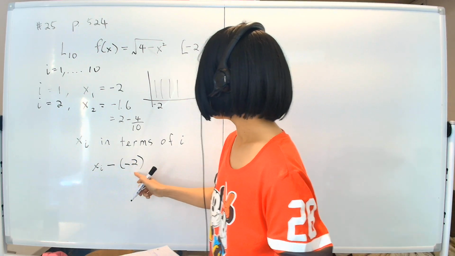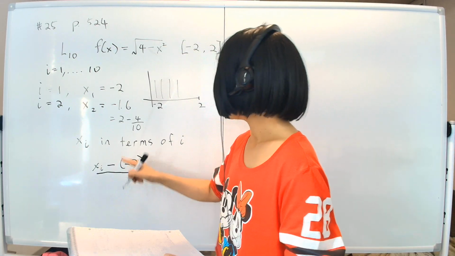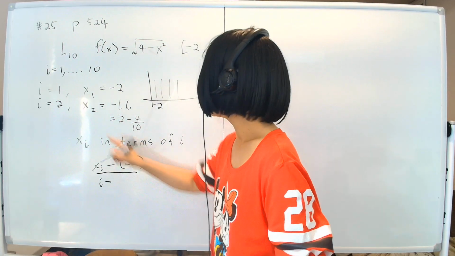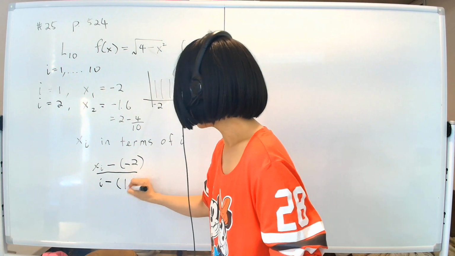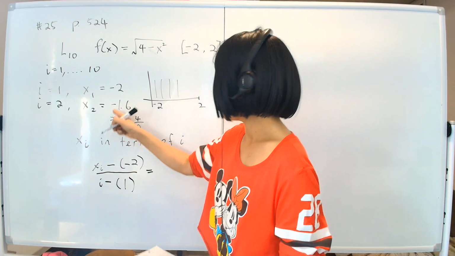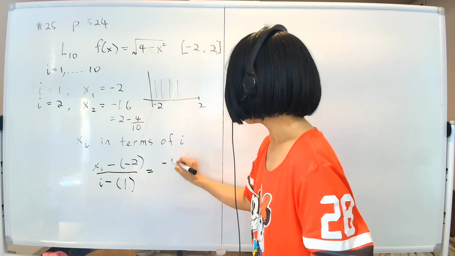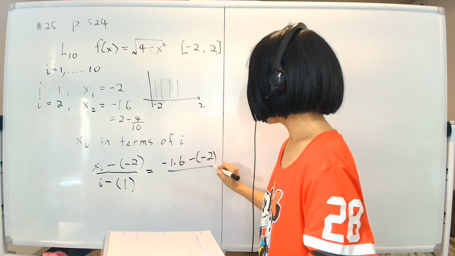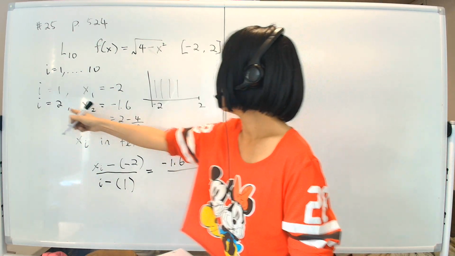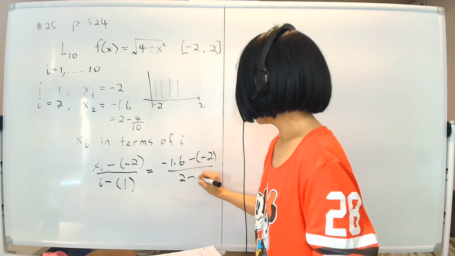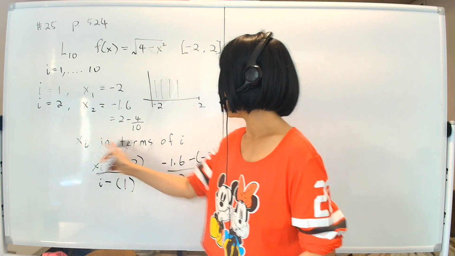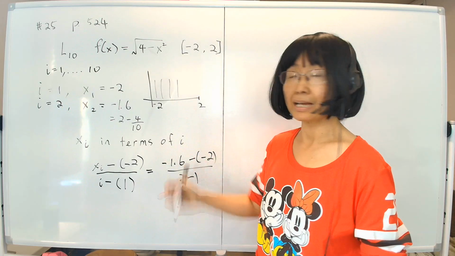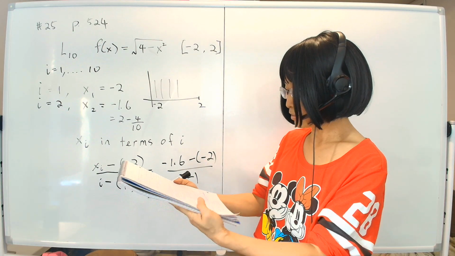So x minus negative 2 and then i minus 1, okay, that's the first pair, equals this one minus that, -1.6 minus negative 2, over 2 minus 1. I'm doing this because I need a formula that represents xi in terms of i, because then I need that in the answer, okay? Which is why I'm doing this.